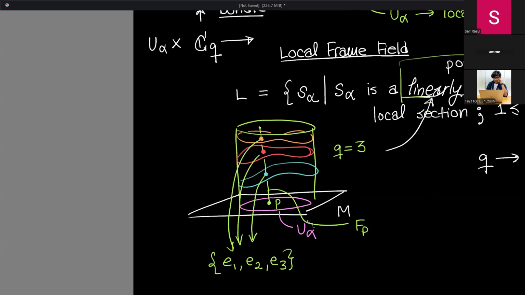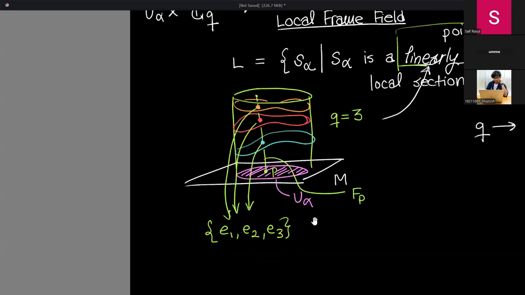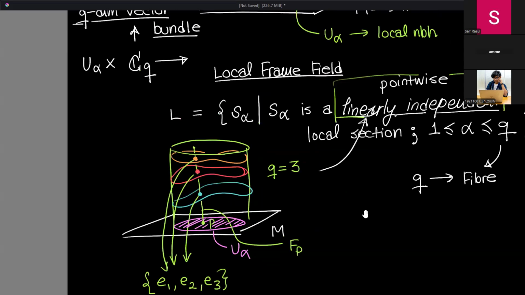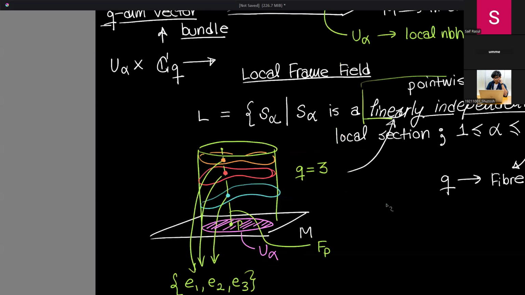And the sections basically choose three vectors at every point above this purple set U alpha. So by choosing these linearly independent local sections, we're essentially choosing a basis for every fiber above that open set. So that's what a local frame field is. It's a choice of basis for every point in that open set, that local neighborhood.